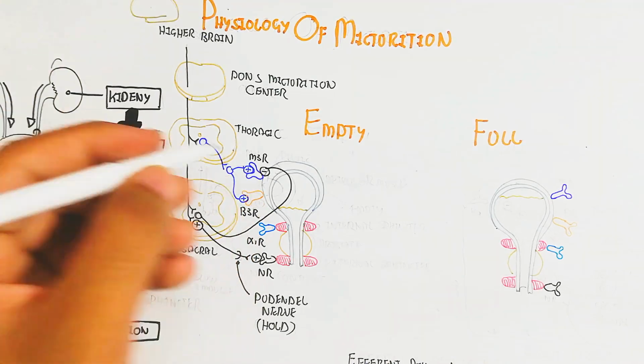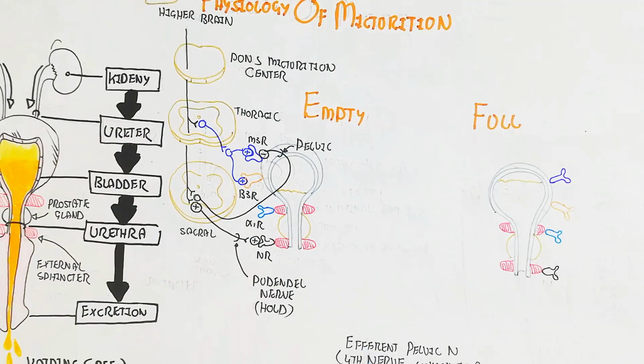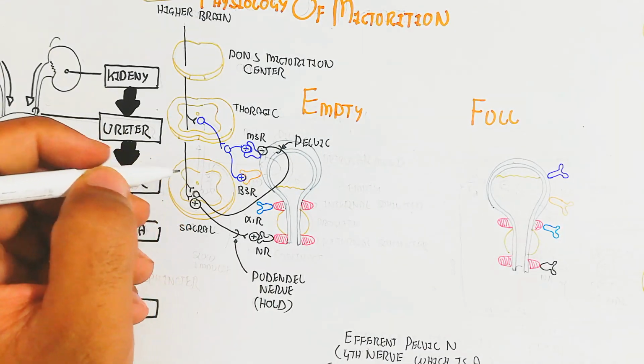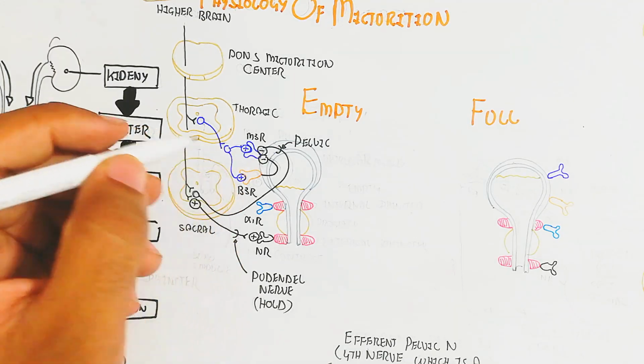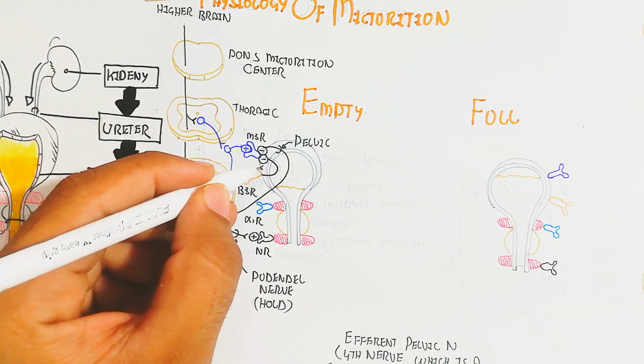The pelvic nerve will inhibit the M3 receptor, and you can see this will lead to inhibition through the beta 3 receptor to relax the bladder more.